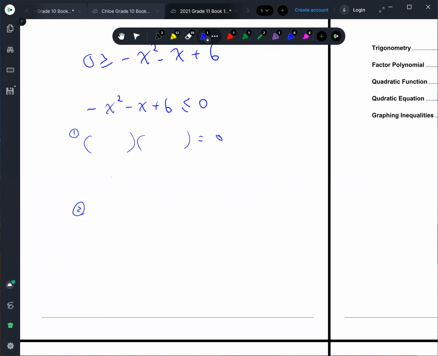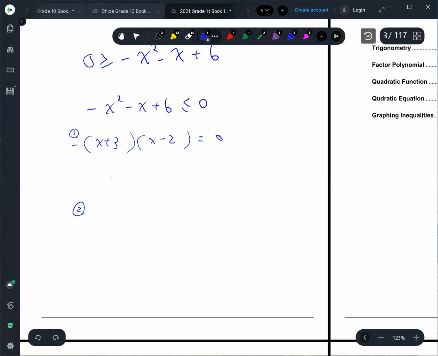It doesn't matter. So I got negative bracket x plus 3 and x minus 2. Let me see: x squared, 3x minus 2x, that's 1x. Yeah, okay, that works.